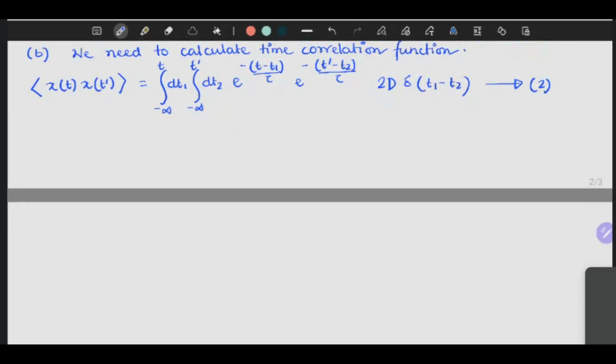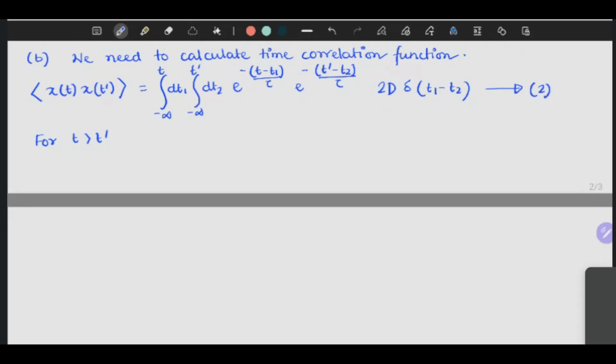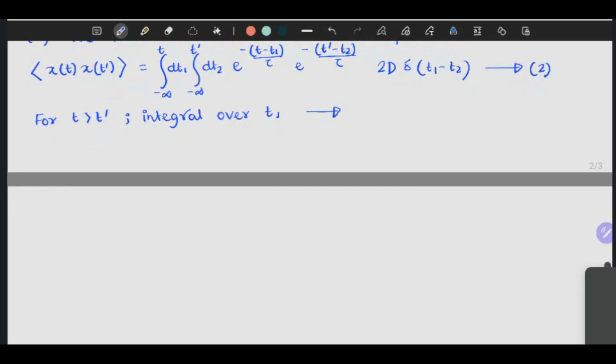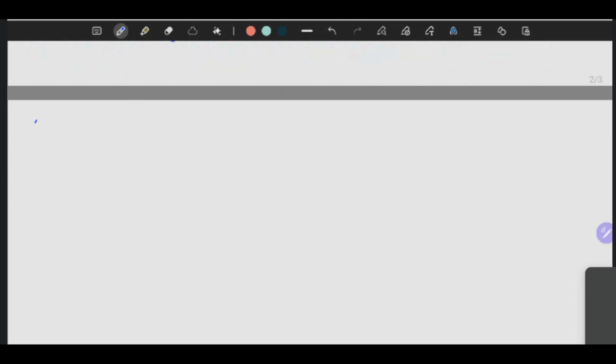Now for t greater than t prime, the integral over t1 would produce x(t) x(t prime), 2D, integral from minus infinity to t prime dt2.